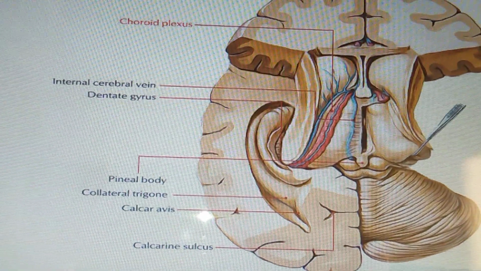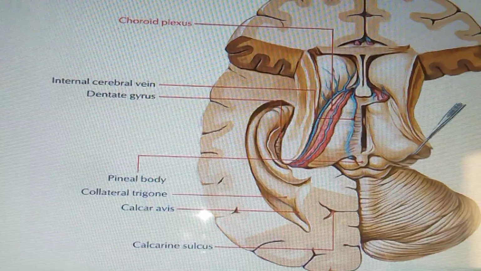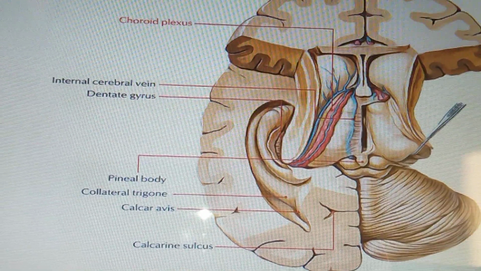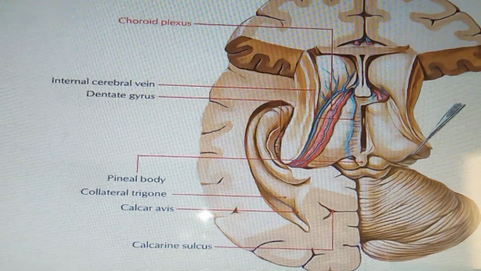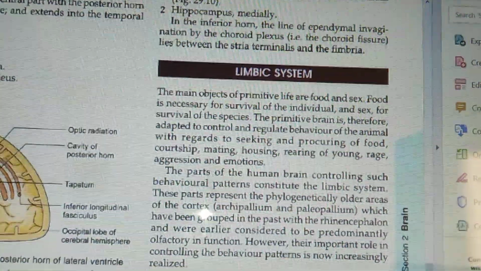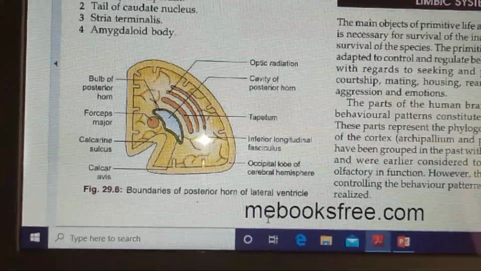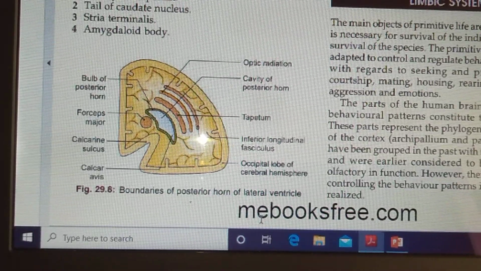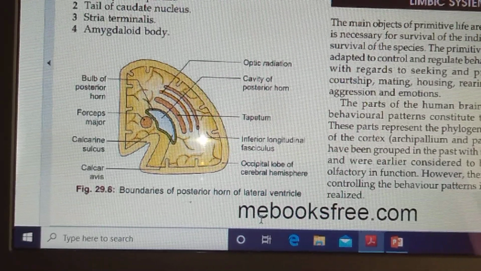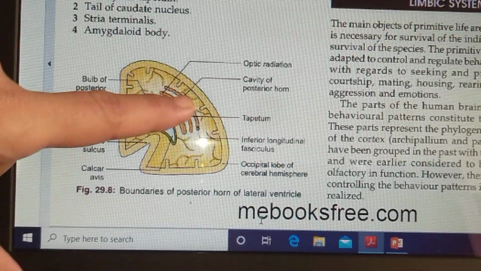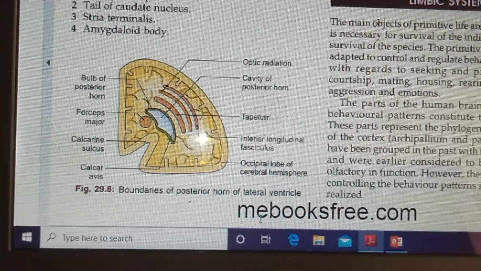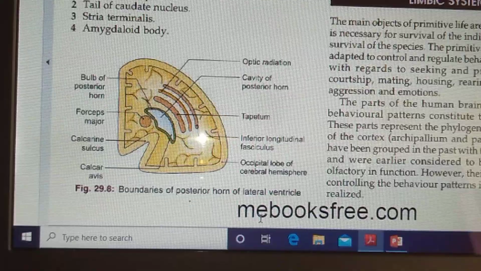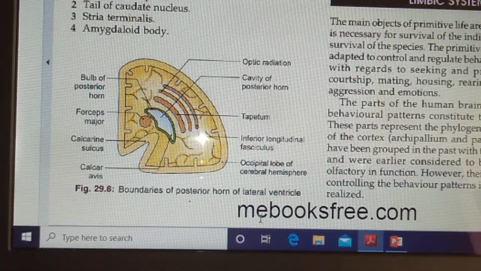Similarly, one more you will find, but later on we'll see that. Coming back to the original diagram, the roof and the lateral wall are formed by the tapetum, right? Here you can see the tapetum forming the roof and the lateral wall. So that is all about the posterior horn.